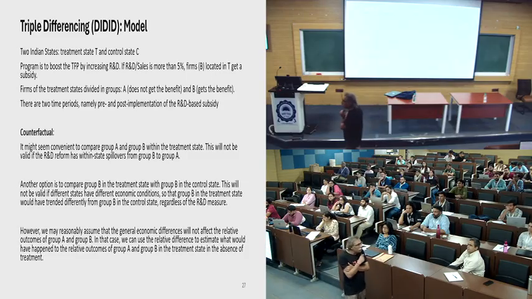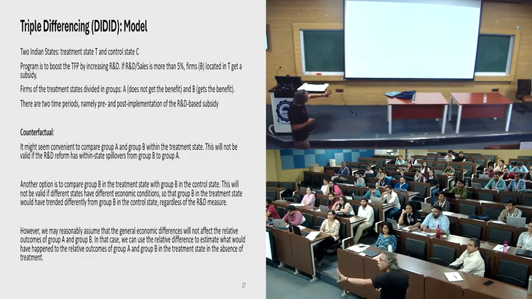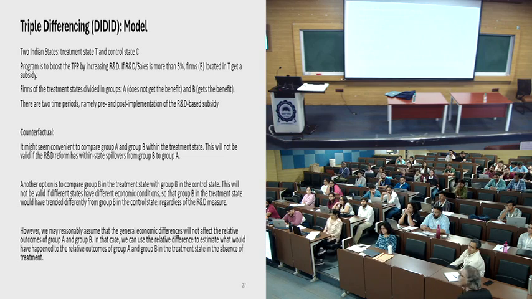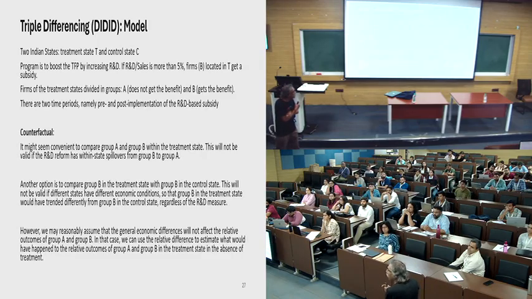Another option would be what? To compare group B in the treatment state with group B in the control state. Clear? So then this will not be valid if different states have different economic conditions. Okay, so group B in the treatment state would be treated differently from group B in the control state, irrespective of the R&D.